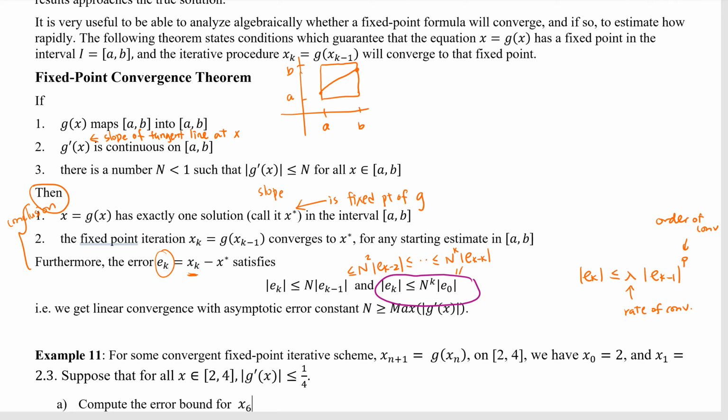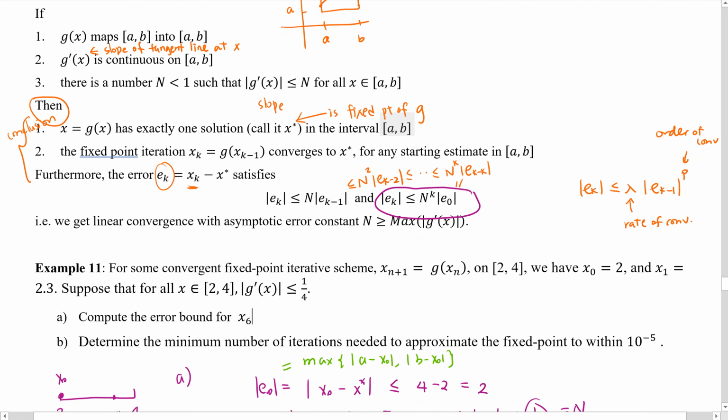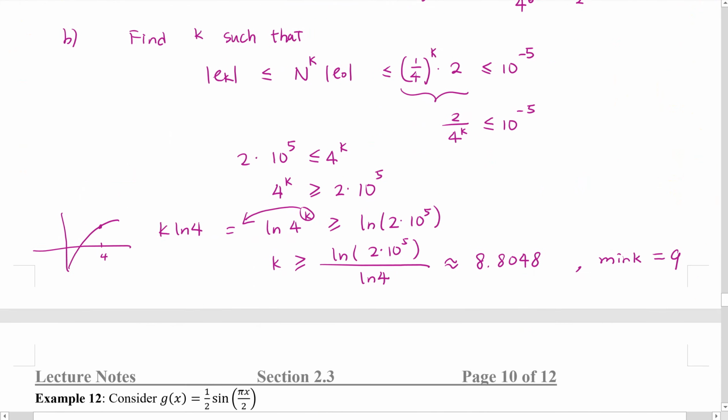Then the conclusion is we can say g has a fixed point inside this interval. And furthermore, we have the error bounds e_k less than or equal to n times e_{k-1}, and e_k is less than or equal to n to the k times e0, the error bound of e0.